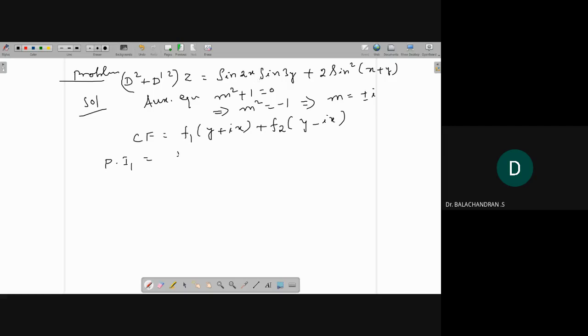So PI1 is 1 by d square plus d dash square into sine 2x into sine 3y. So replace d square by minus a square, that is minus 2 square, d dash square equal to minus 3 square.